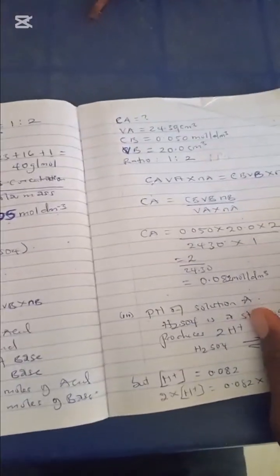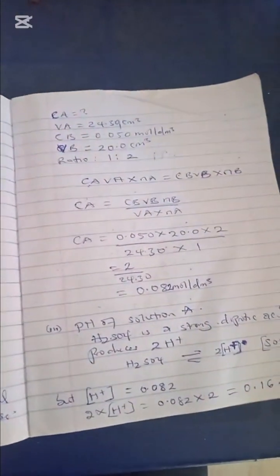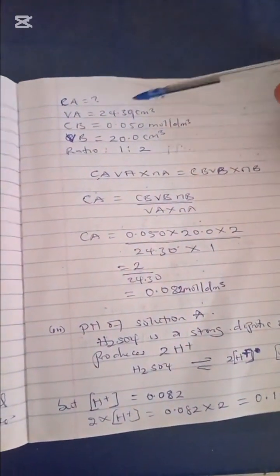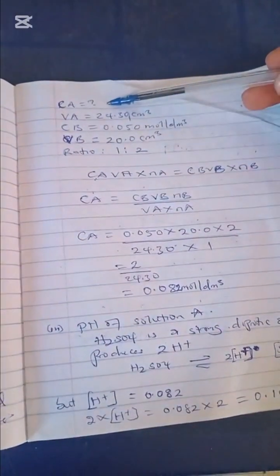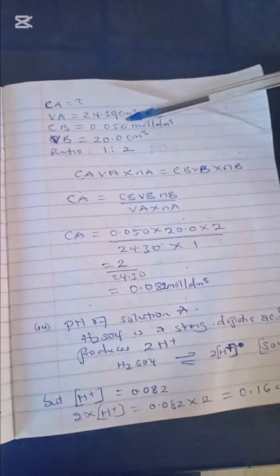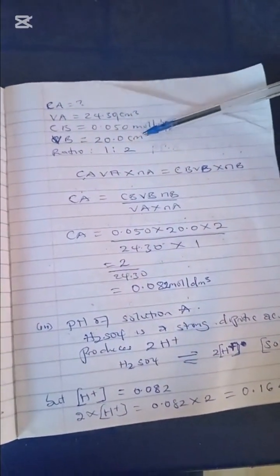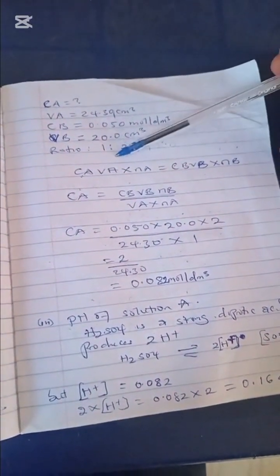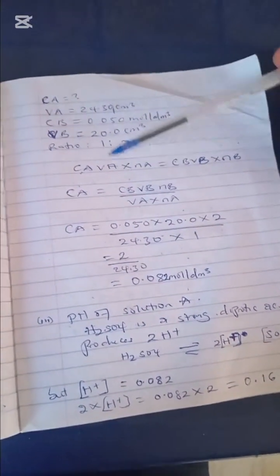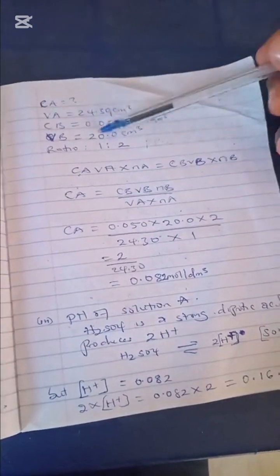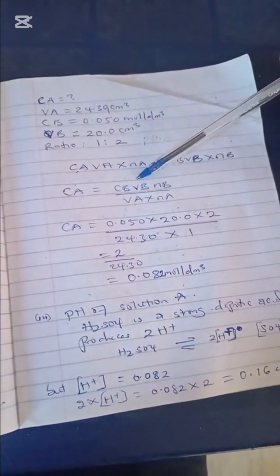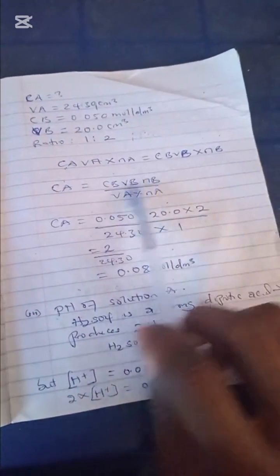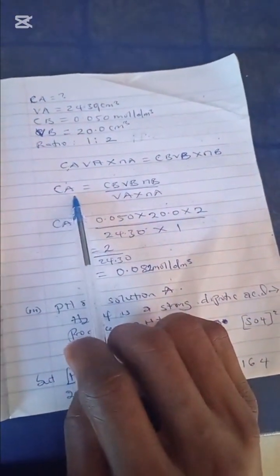So from our question, or from our solving so far, the concentration of the acid has not been given, but we have been able to find the volume of the acid, the concentration of the base, the volume of the base, and remember the ratio that we obtained, right? 1:2. So inputting these values into the formula, now making the concentration of the acid the subject of the formula.